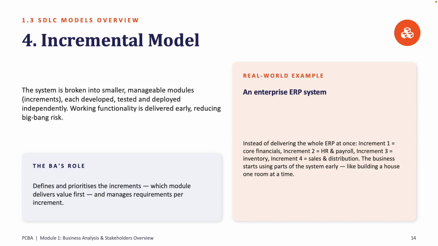For example, increment one is the core financials. That module can operate and generate financial reports, things like balance sheets, P&Ls, the financial statements of companies. Increment two talks about HR and payroll.